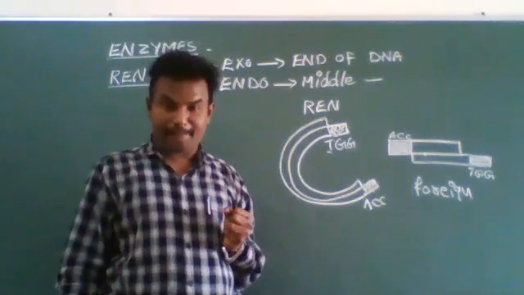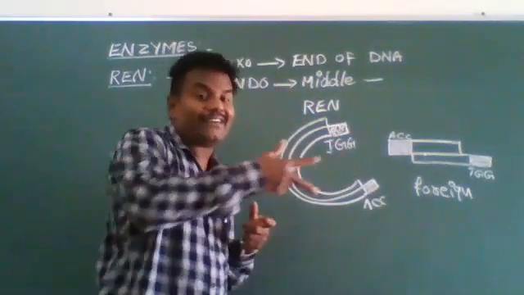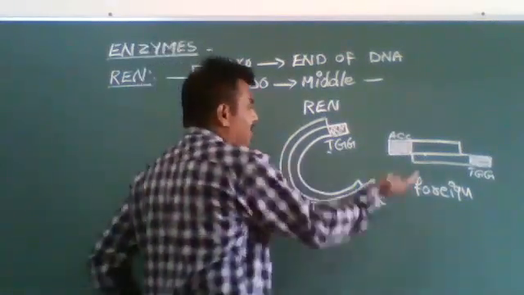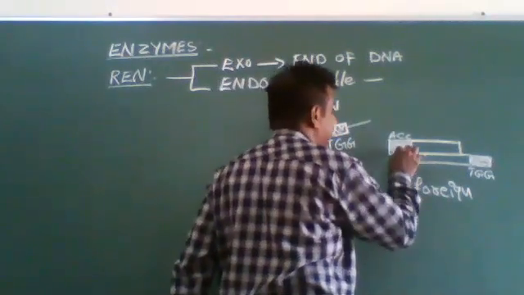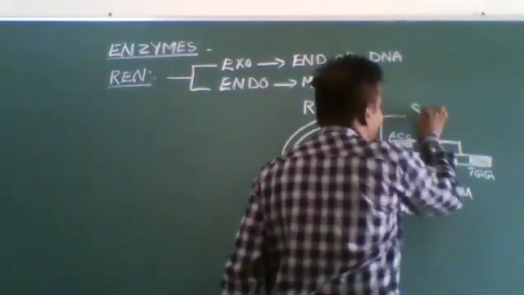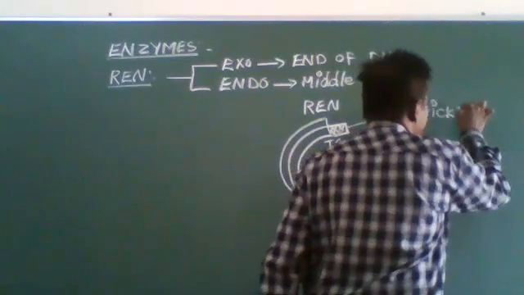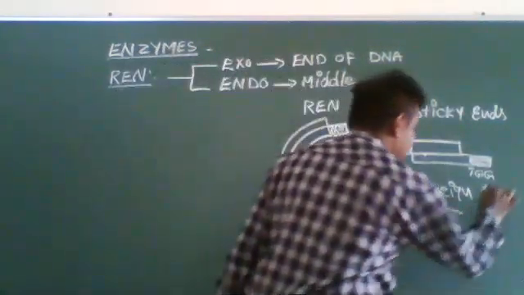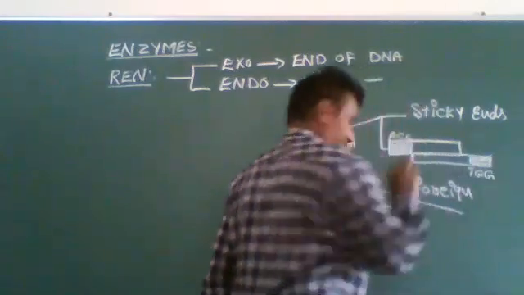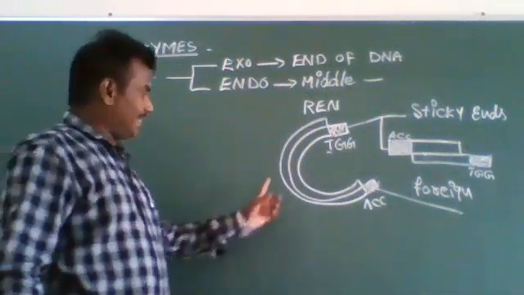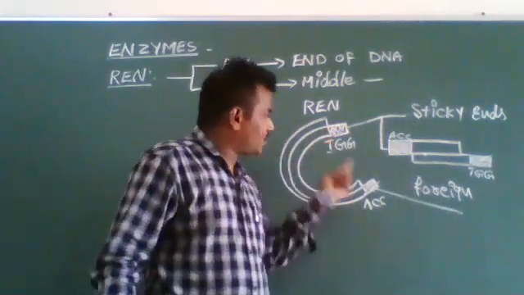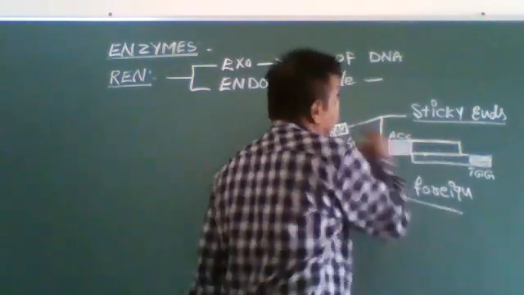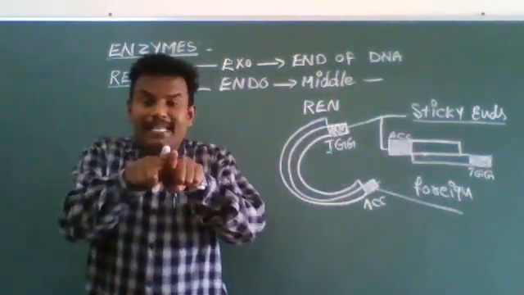After the cleavage, in both cases, the single strand left is called a sticky end. This is also a sticky end. They leave a single-stranded portion, a single chain. This is a sticky end, this is a sticky end. Both are complementary with each other.